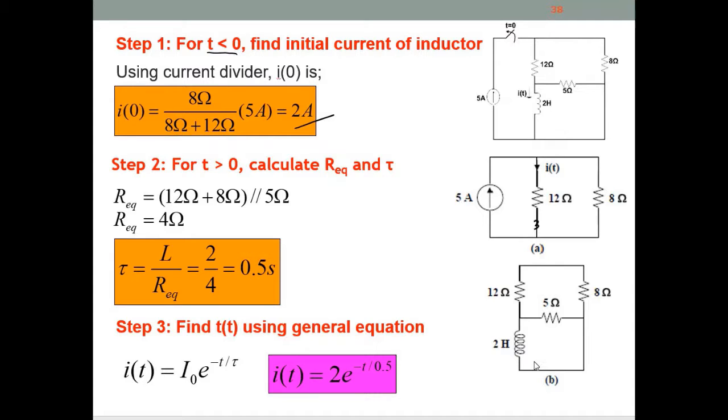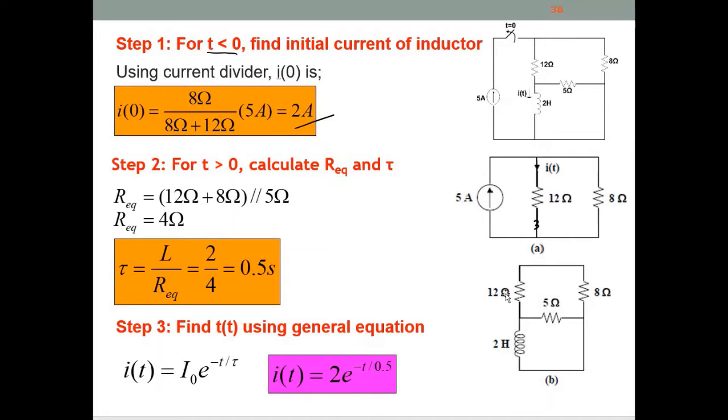Based on this one, set your view at the inductor, and you will see that the current flow splits into 12 and 5.